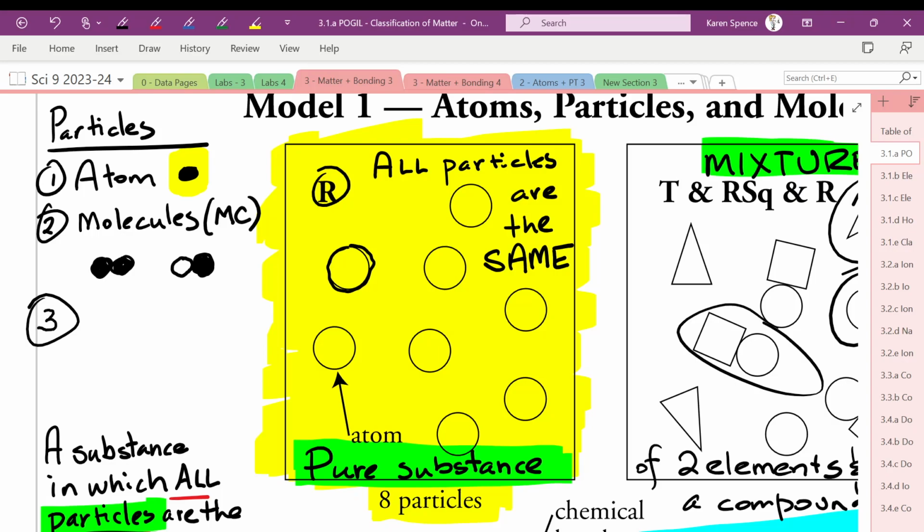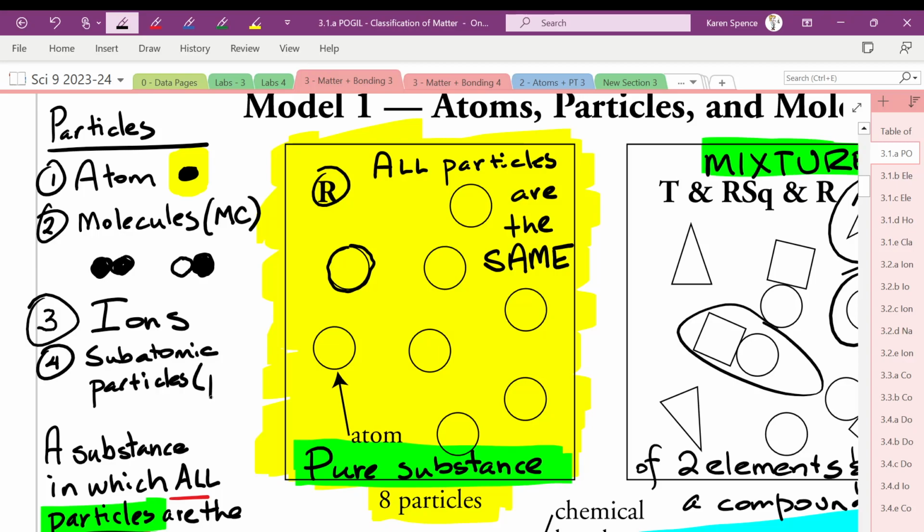Subatomic particles. You guys are both correct. Okay. So you said subatomic particles. You said ions. I kind of looked like both of you, so that was very confusing. I'm sorry about that. So we have ions, and we also have the subatomic particles. What are the subatomic particles?